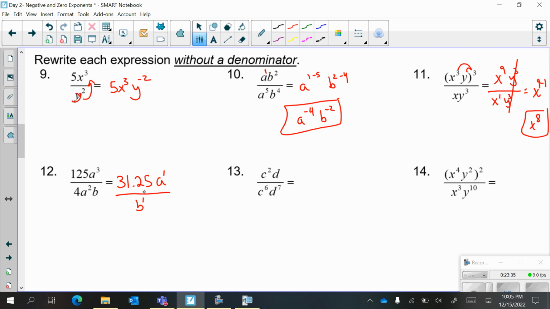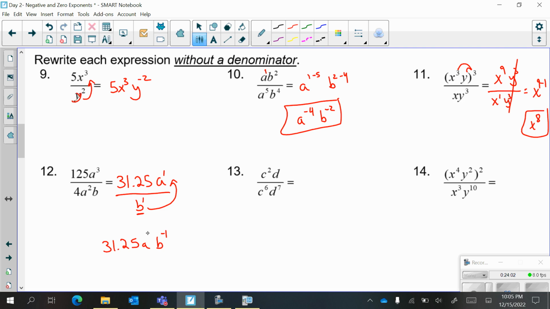Now, it did say write it without a denominator, which means we're going to have to move the b to the top. And in order to move the b to the top, if you are switching the position, you need to negate the exponent. So this would be b to the negative 1. You could write a to the positive 1. It's not needed, but you do need an exponent of negative 1.